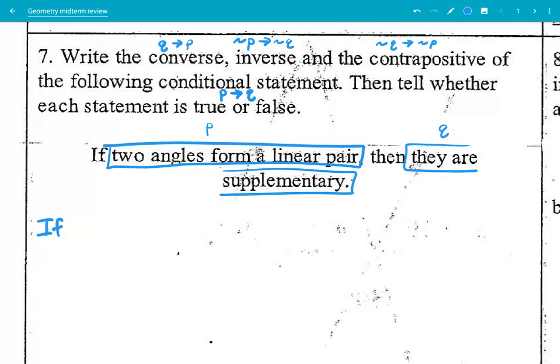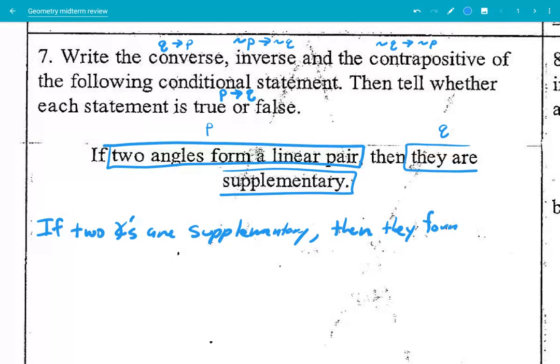If two angles are supplementary, then they are a linear pair. I'm just going to abbreviate that. Let's do the next one.